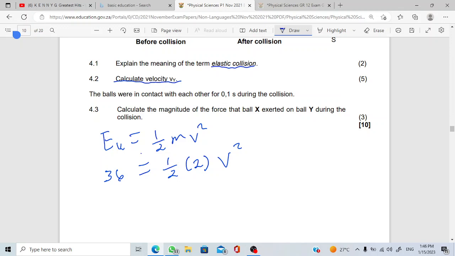Now we want this v, so 1/2 multiplied by 2 is going to be 1. If we divide by 1 on both sides, it is going to be 36. So v squared is equal to 36. Now if you take the square root, you realize that v is equal to plus or minus 6 meters per second.